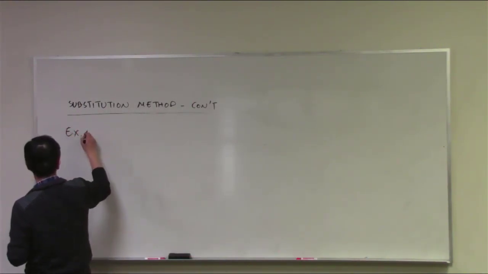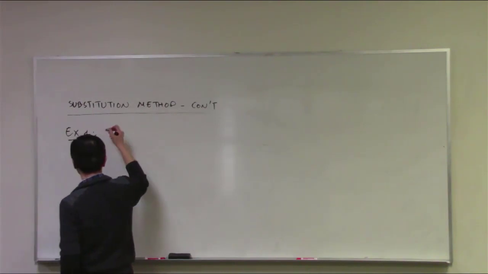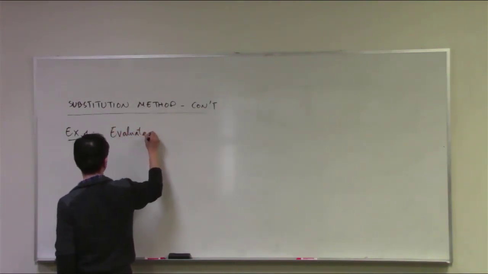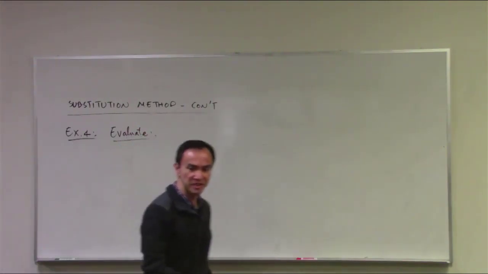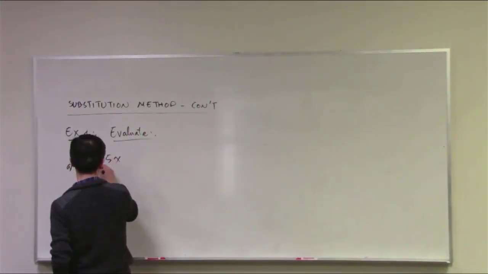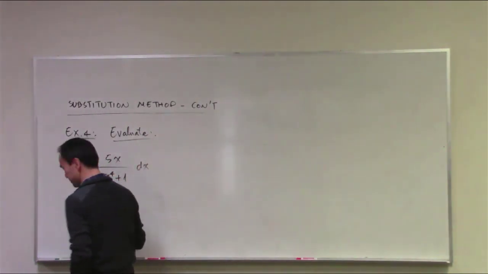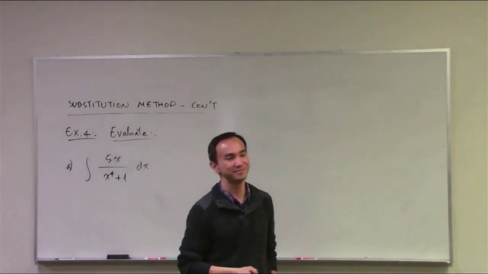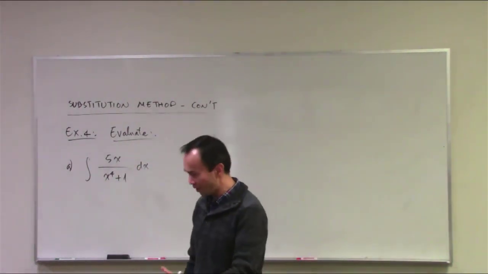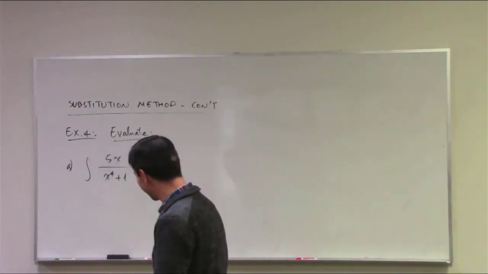Before you do things creatively, we always rely on those general guidelines that we have seen earlier. The integral of 5x over x to the fourth plus 1 dx. Okay, so I want you guys to try it a little bit.